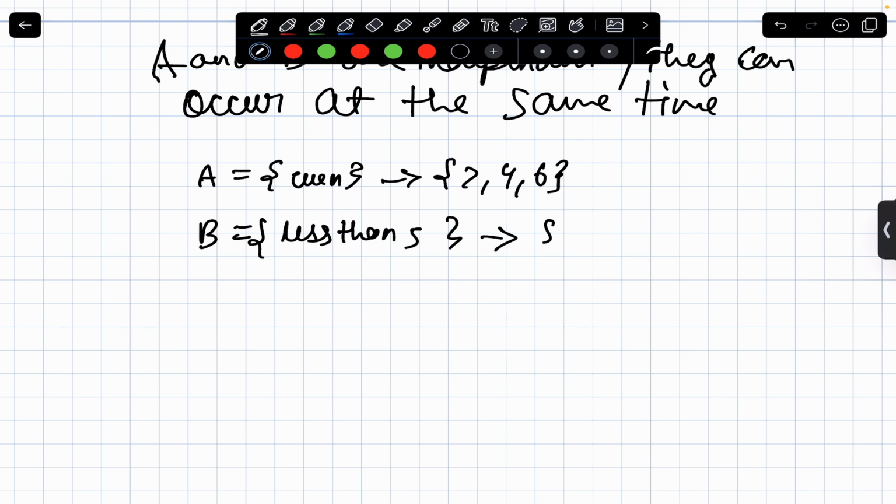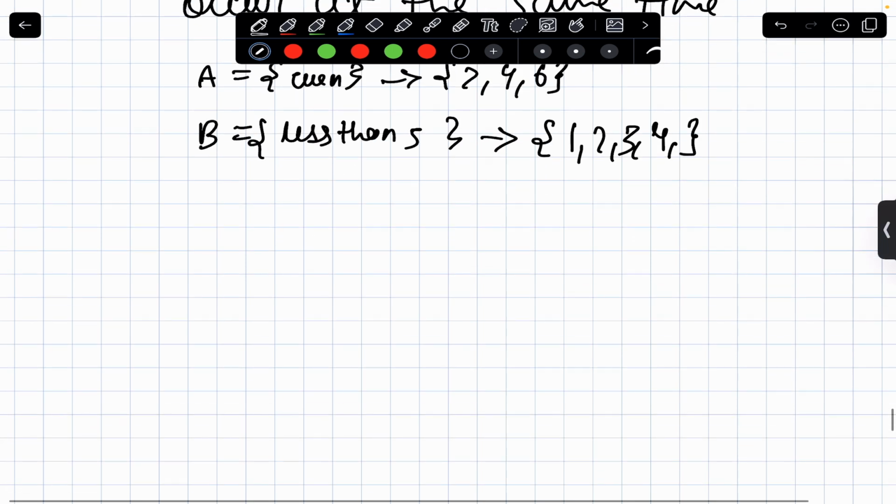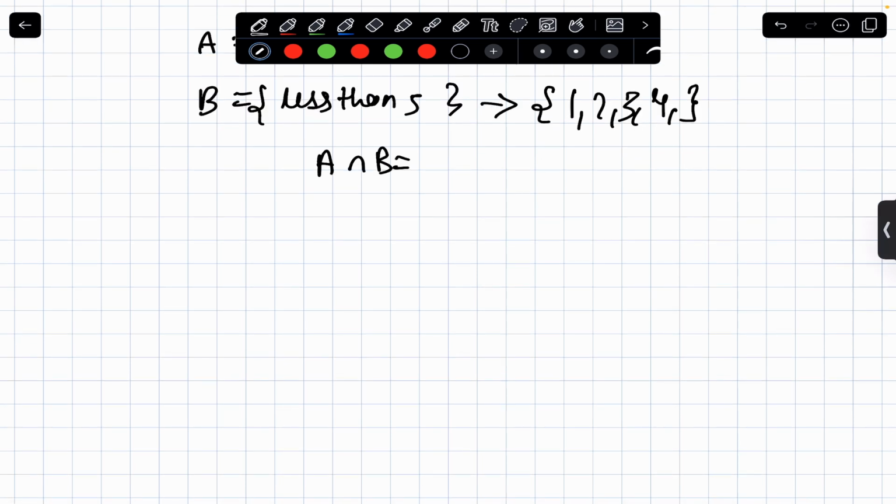So what will be less than 5? 1, 2, 3, 4. Okay, we have this. Now what is the intersection of A and B? If both are independent, then what is the probability of A intersection B?